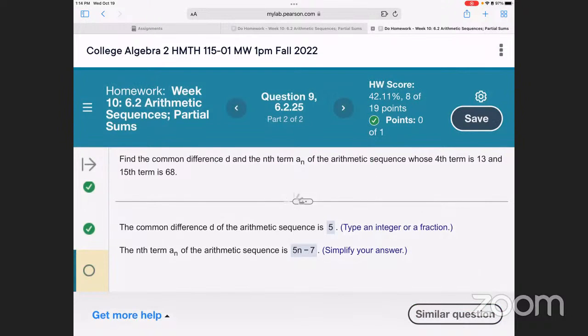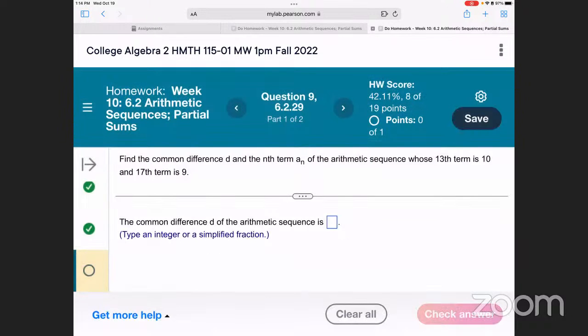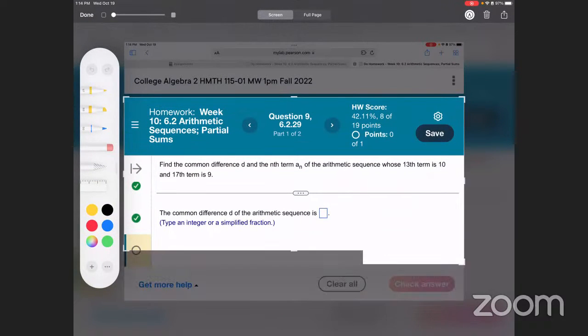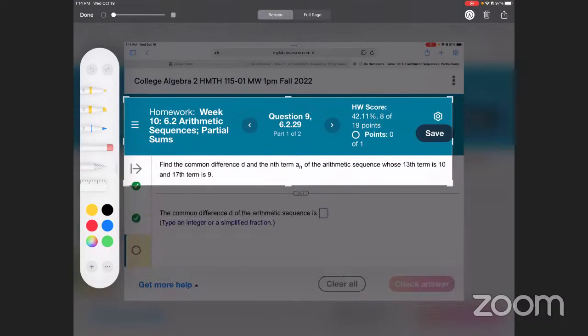All right. Find the common difference and the nth term of the arithmetic sequence. So this is kind of a repeat: 13, 10, 17, and 9. I guess I can screenshot it. I was going to try to just memorize those numbers quickly, but this is a lot easier.